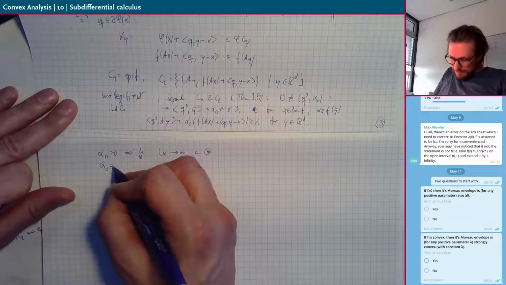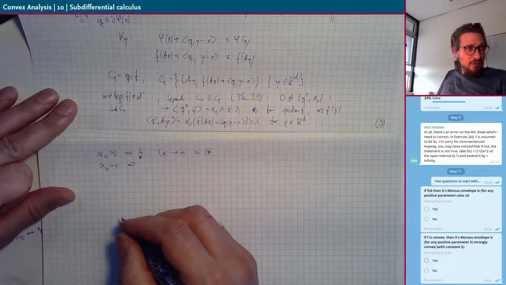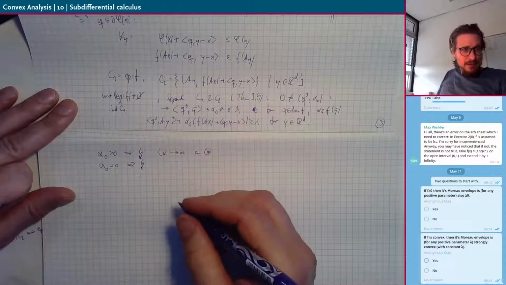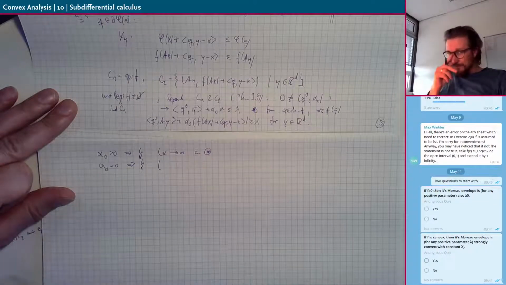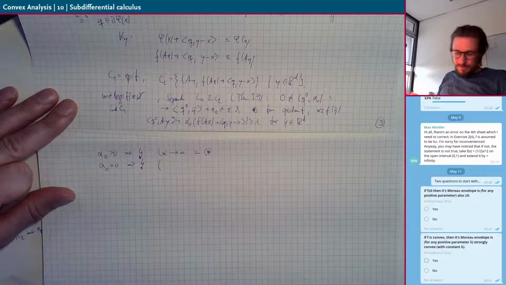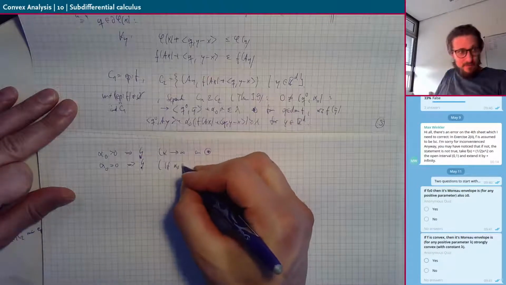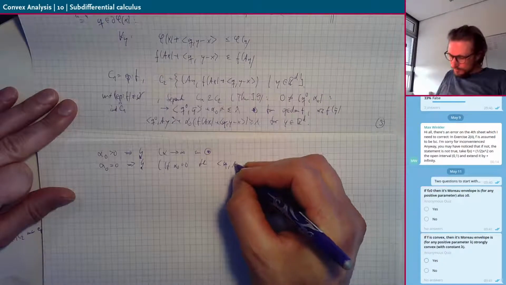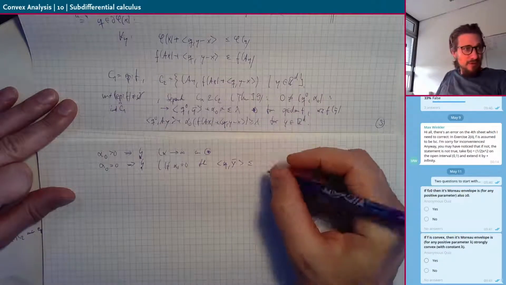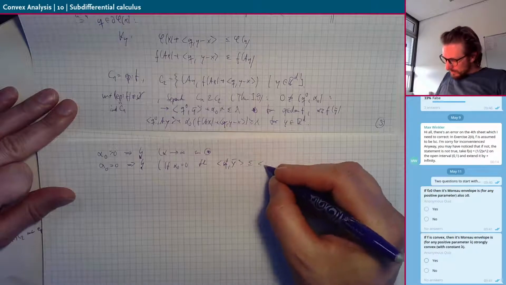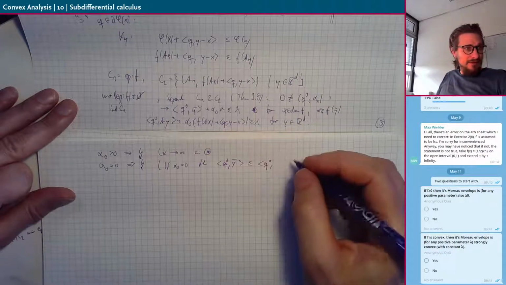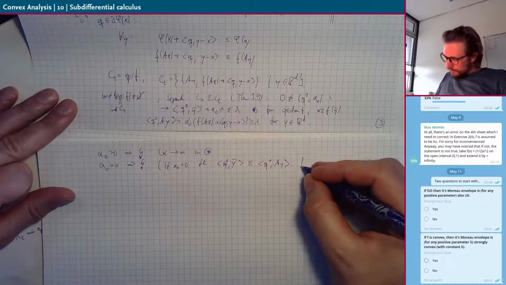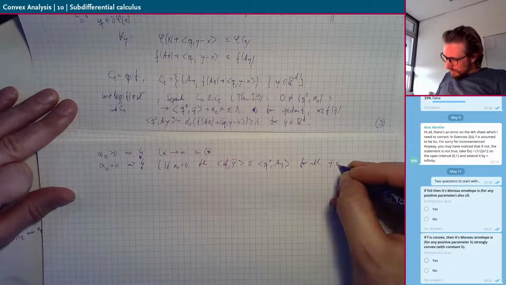And alpha 0 equals 0 can also not be, because, and this is again a little bit like before, the continuity of f is what it destroys. So if alpha 0 equals 0, then you would have that q times y bar would be smaller equal q0 times ay for all y bar in the domain of f.